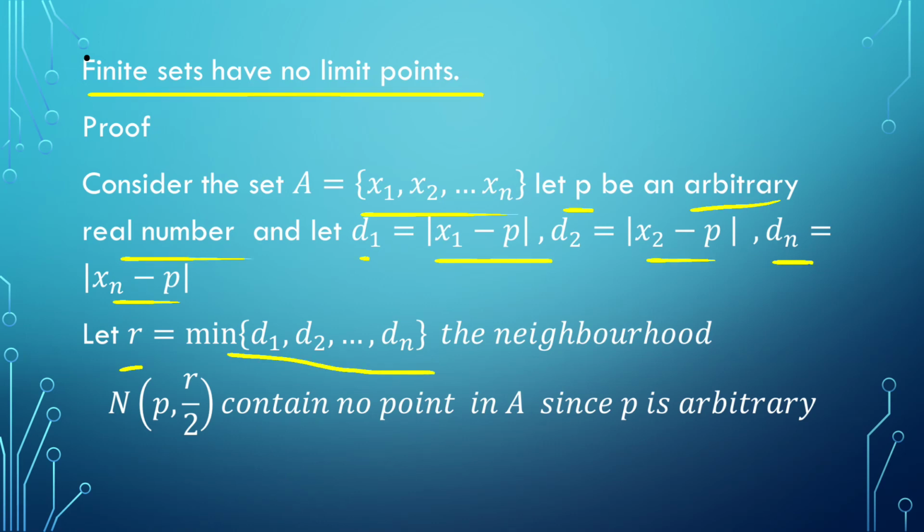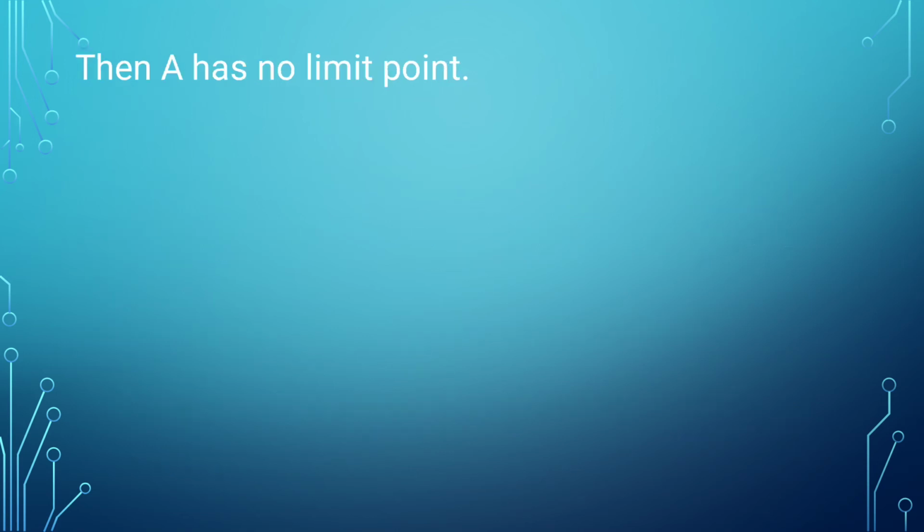Then the neighborhood of P with radius R over 2, of course, contains no point of A, since P is arbitrary. So no point in A is contained in the neighborhood, and that will imply that A has no limit point.